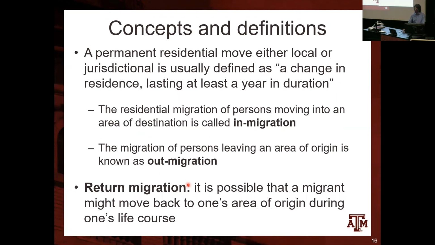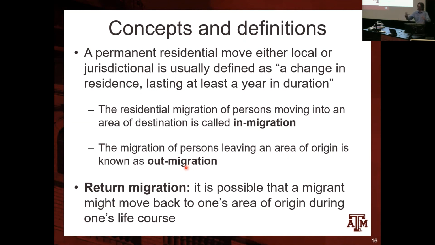And some more concepts related to migration. A permanent residential move, across a local jurisdiction, is usually defined as a change of residence that lasts at least 1 year. The residential migration of persons moving into an area of destination is called in-migration, and the migration of persons leaving an area of origin is known as out-migration. So let's go back to the example: people moving from California to Texas between 2015 and 2020.